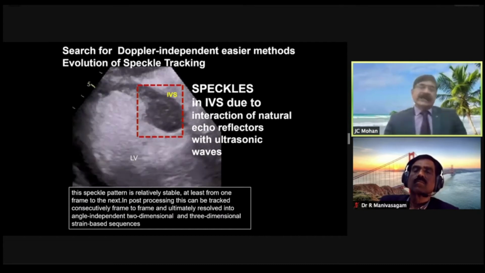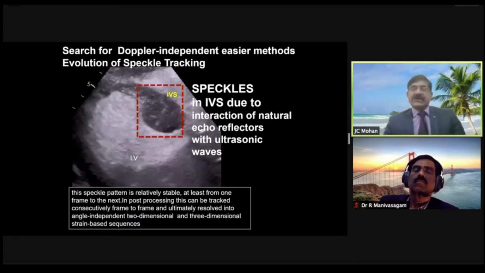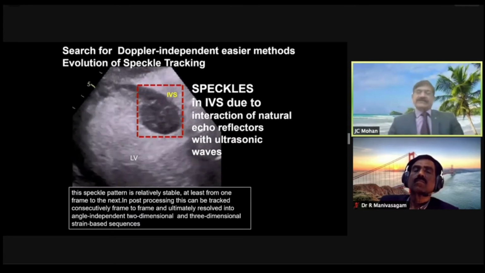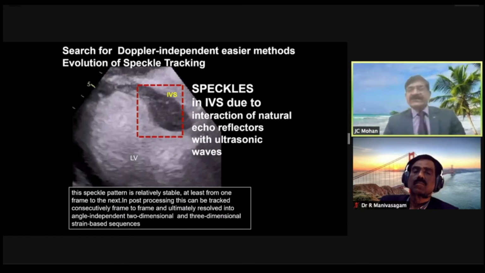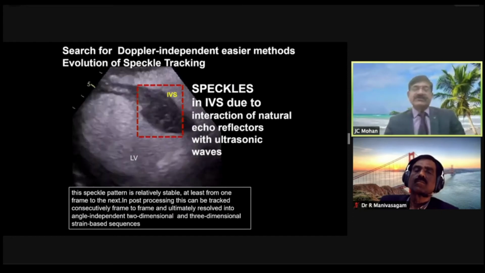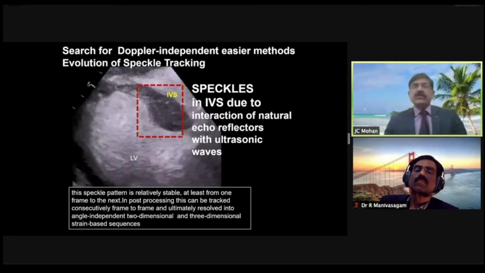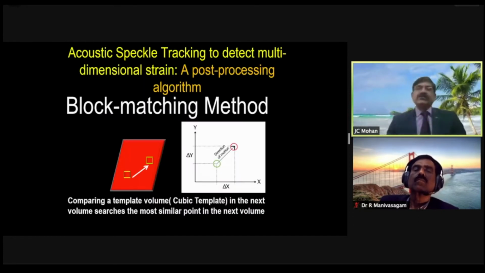We also realized one great thing about speckles: the speckle pattern is relatively stable, at least from one frame to the next. In post-processing, these can be tracked consecutively frame to frame and ultimately resolved into angle-independent 2-dimensional and 3-dimensional strain-based sequences. How did we do it? Well, it is simple. You do block matching.